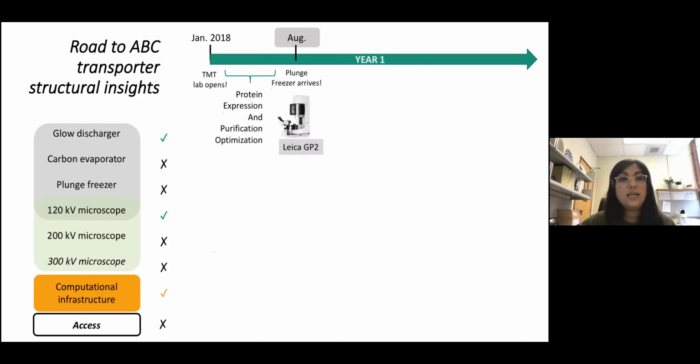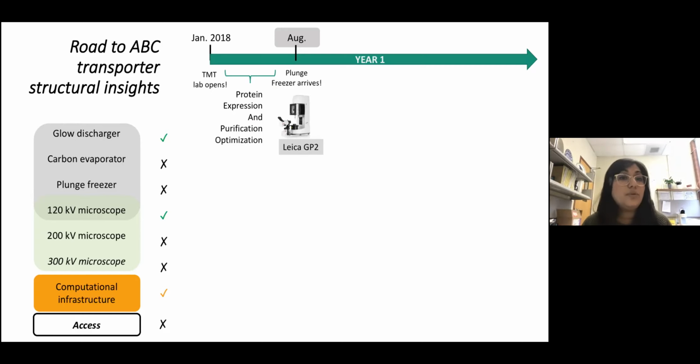And so in August, as soon as Tom recognized that we were able to make proteins, after a few missteps, we ended up deciding to crowdsource funds within the University of Arizona to purchase our own plunge freezer. Because ASU had a VitraBot, we decided to buy the Leica GP2, and this has been our real workhorse.